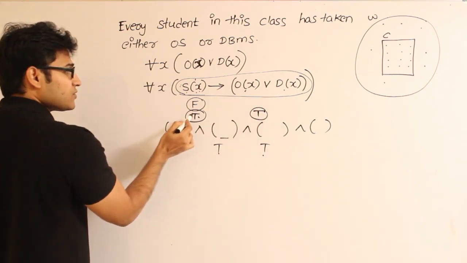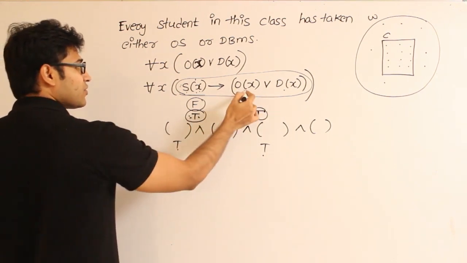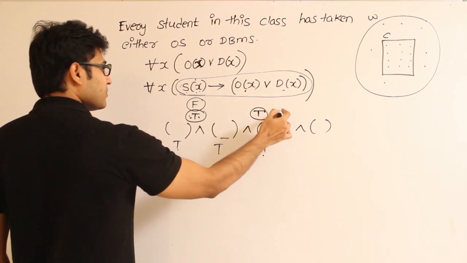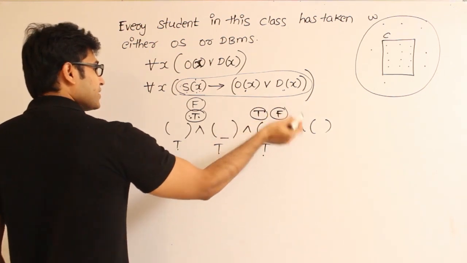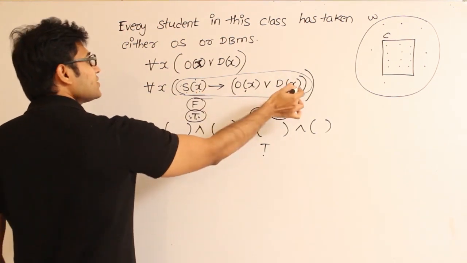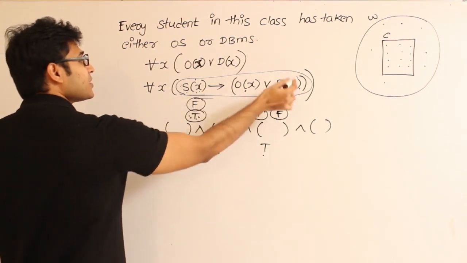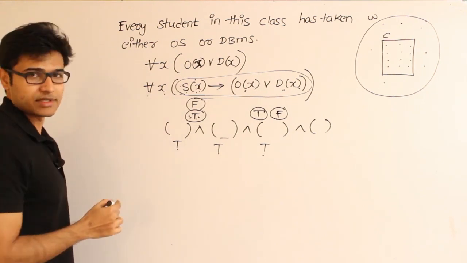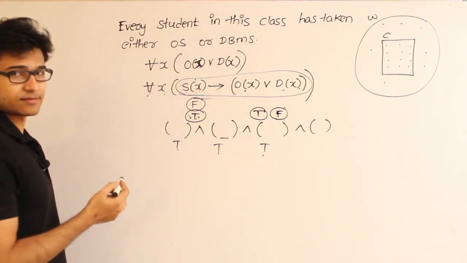If let us say for a student inside the class, he has not taken both of these, then this one will be false, as a result of which true and false, this entire statement will become false, and even for one value if this statement becomes false, for all will become false, isn't it? That is why it is right.